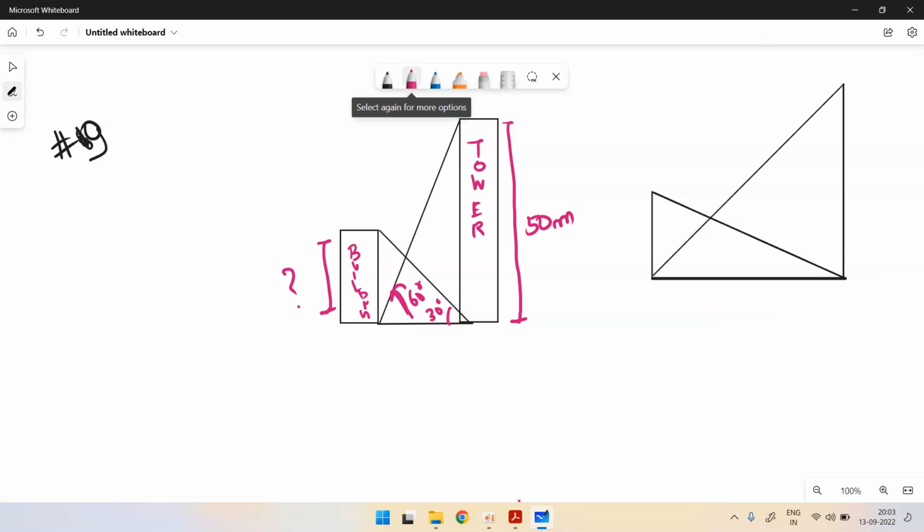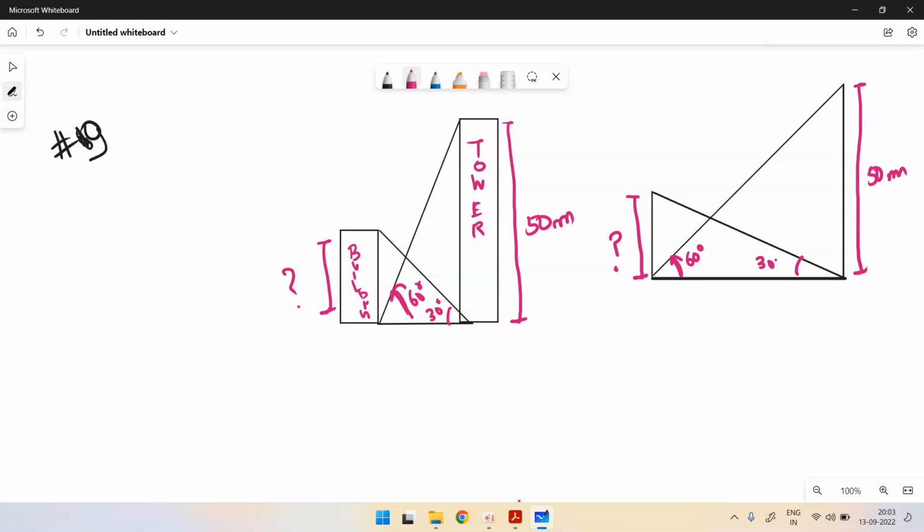So this angle is given to be 60 degree. This is my 30 degree. This is the building. I need to calculate this height. This height is given to be 50 meters, which is the tower.